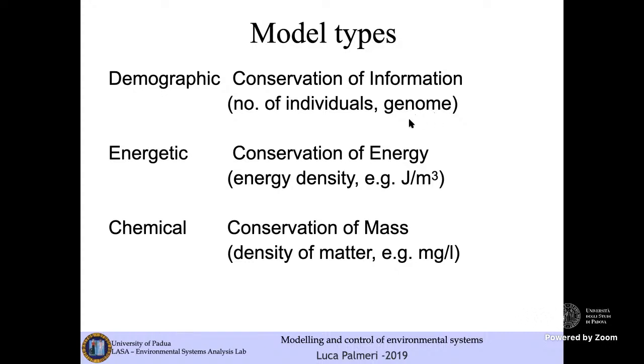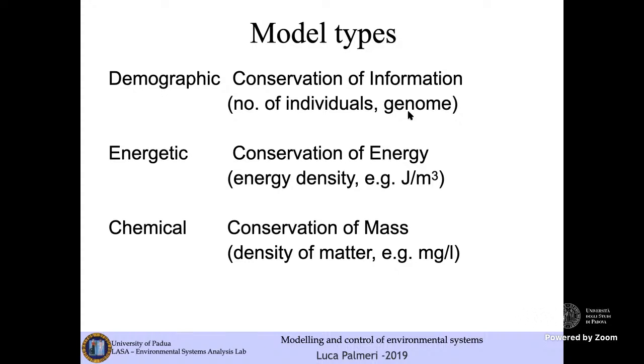A third type of model may be that of a chemical model in which we assume as a principle of maximum generality the conservation of mass. In this case, typically, the state variable is the density of matter, for example, milligrams per liter of something.